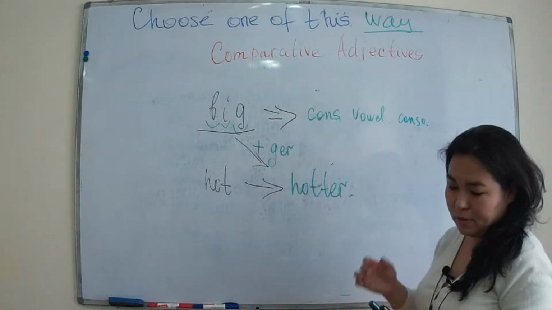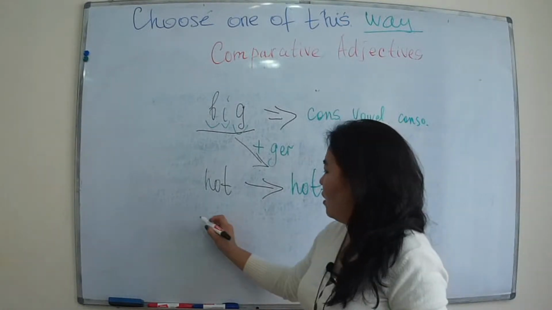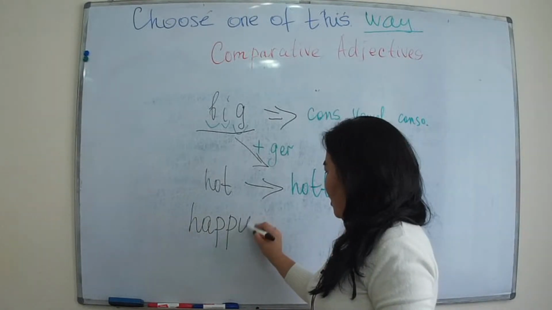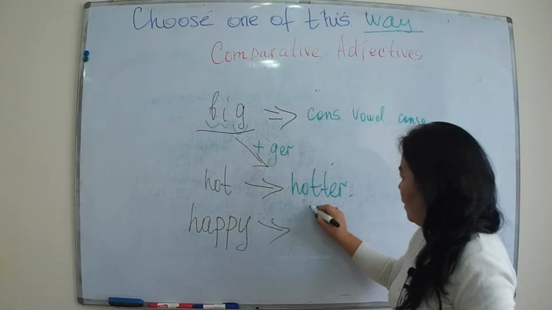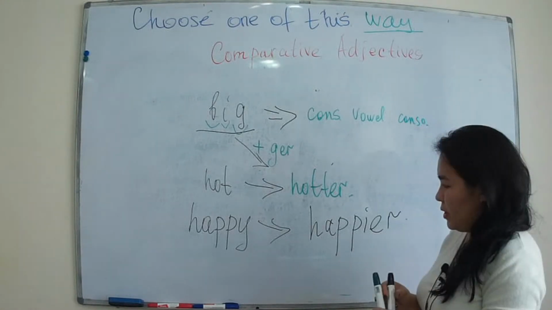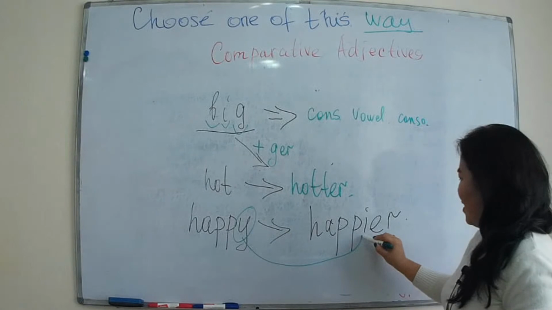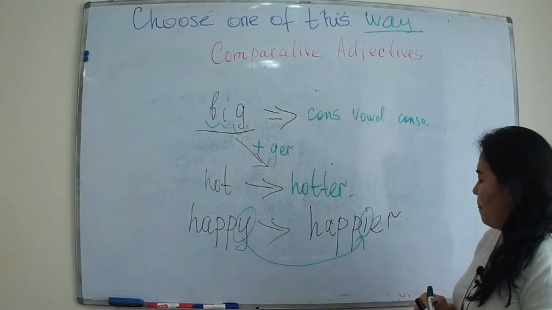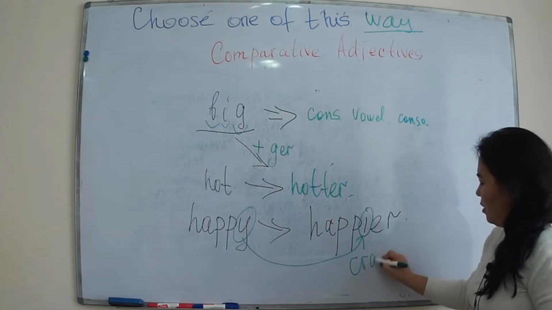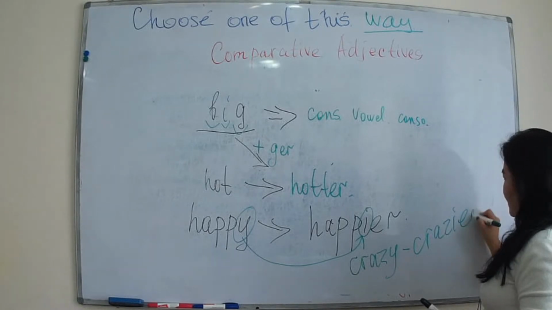And also one of the things, for example, we say happy, and when we want to compare, we say happier. Happier. You see that the letter Y becomes I. And the same, for example, we have the word crazy, but when we want to compare, we say crazier.